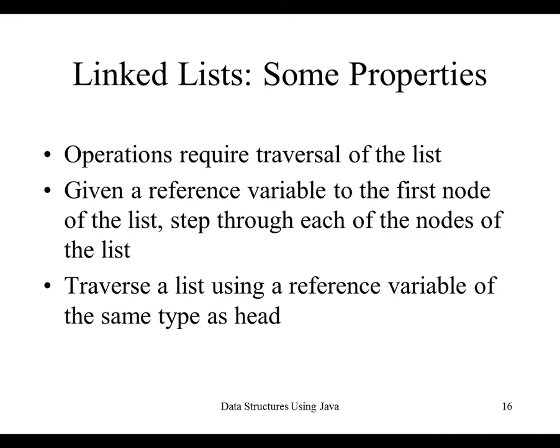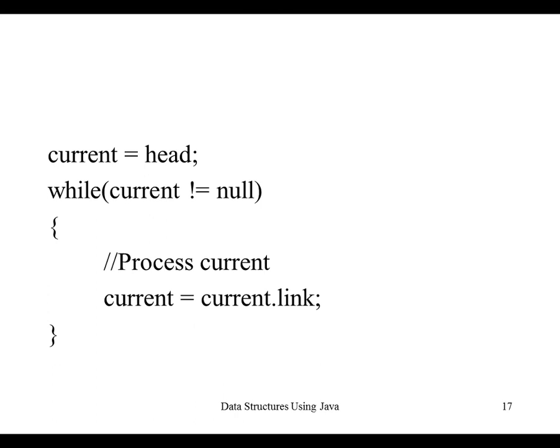Suppose that current is a reference variable of the same type as head. We can give an example code to traverse the list. This is our code to traverse the list. For example, we have current equals head. So this copies the head, so we won't be moving our head, and this means that head will always point to the first node.